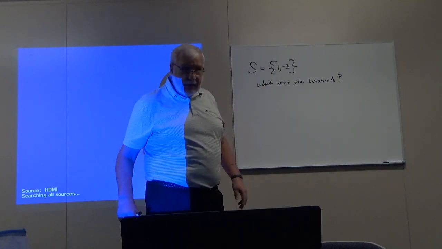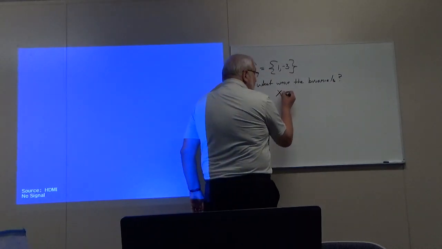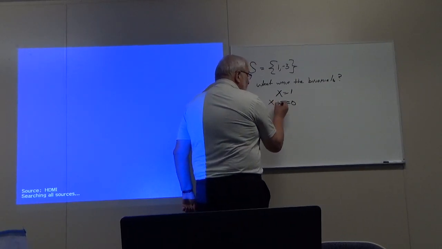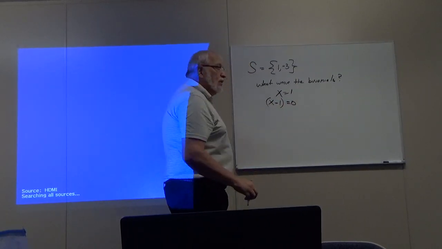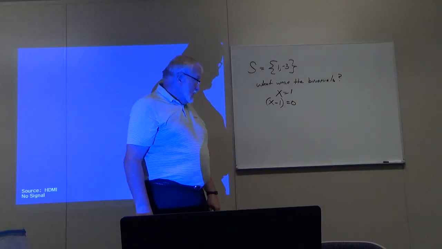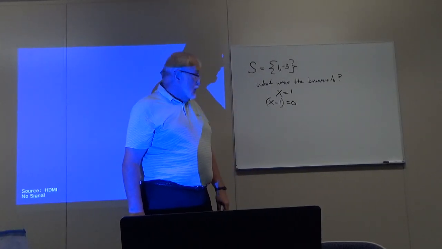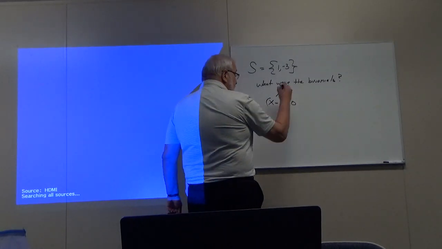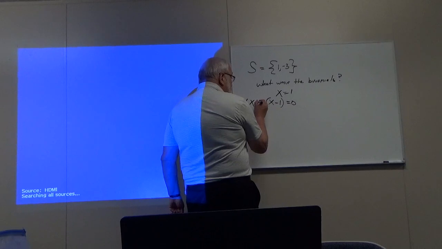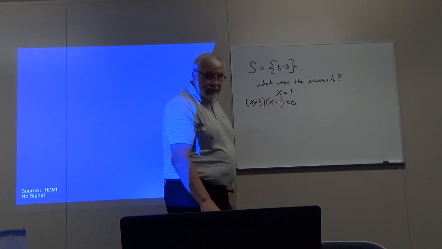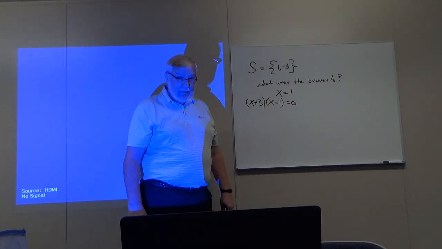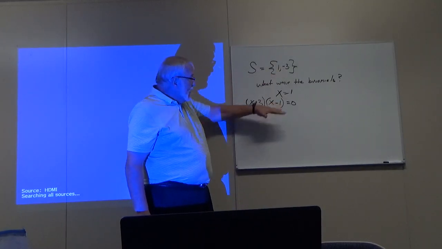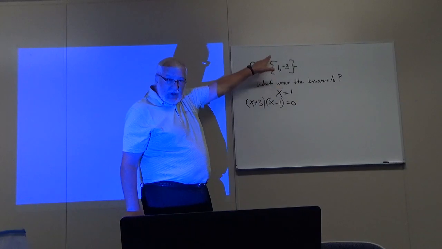Write it. And then make it equal to 0, x minus 1 equals 0. What's the other one going to be? x equals -3, so the other one is going to be x plus 3. So if this is the solution set, these are the binomials that go with that solution set.